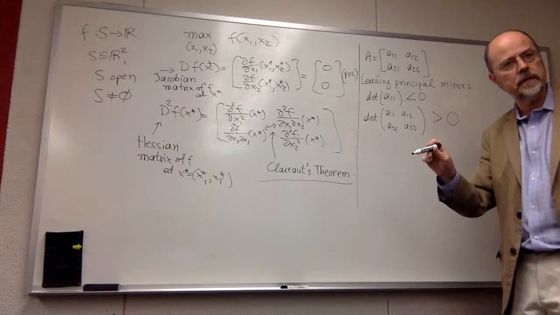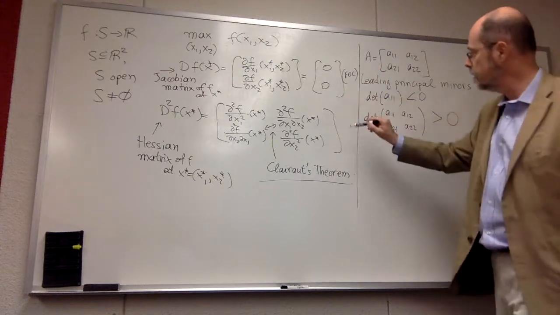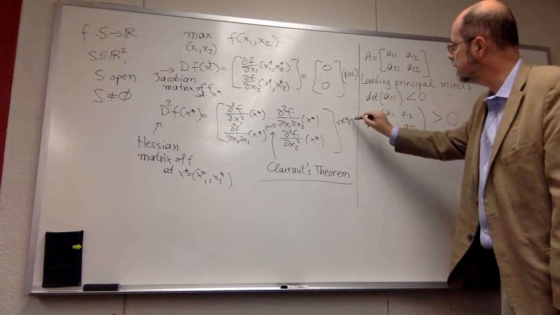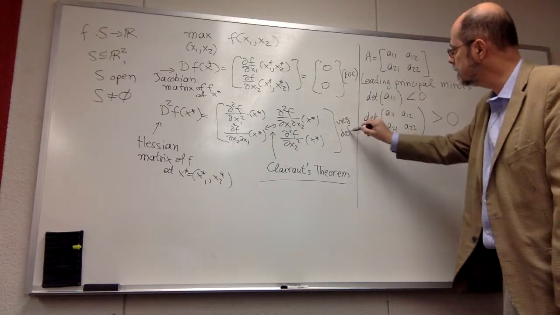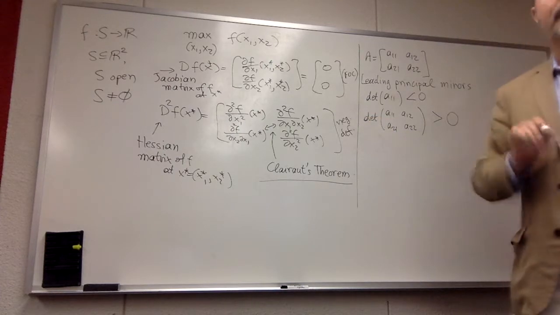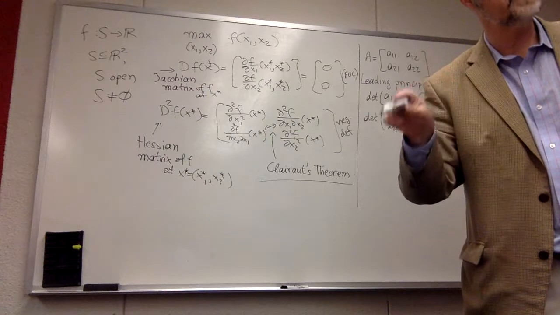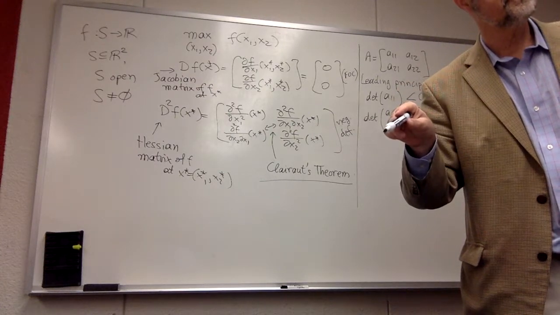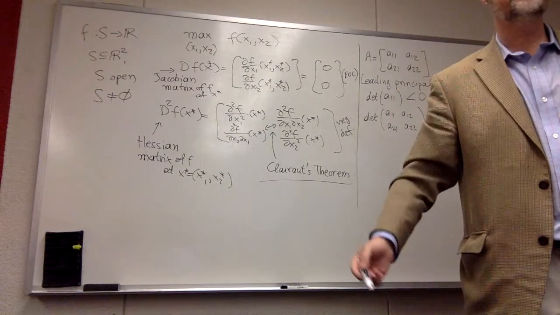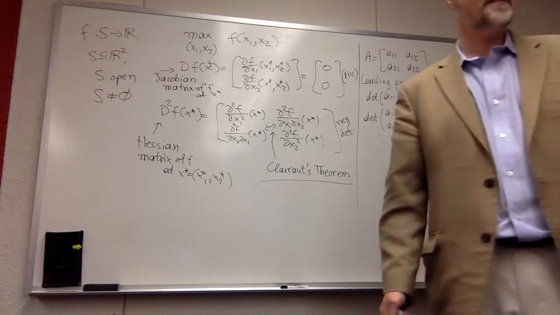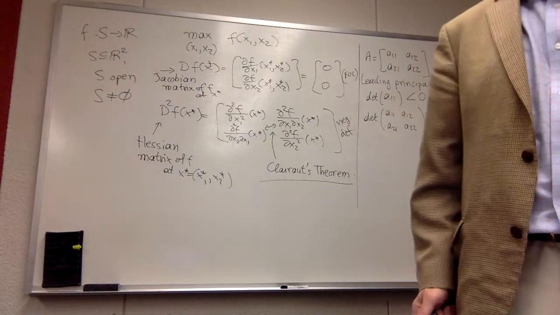That's a sufficient condition. So if these are true, and this one is negative definite, that implies that x star is a local maximum. And you've solved your problem, as far as finding a local maximum at least.